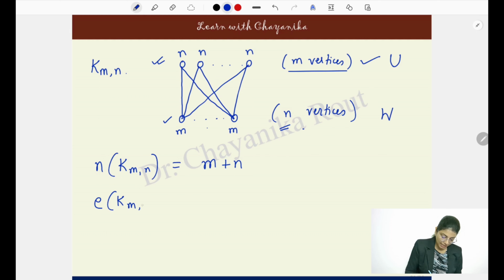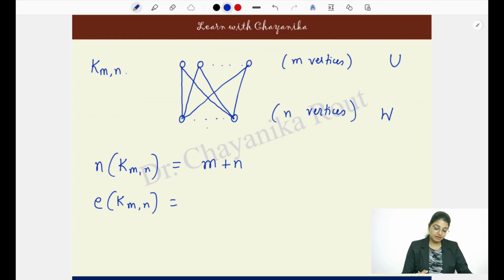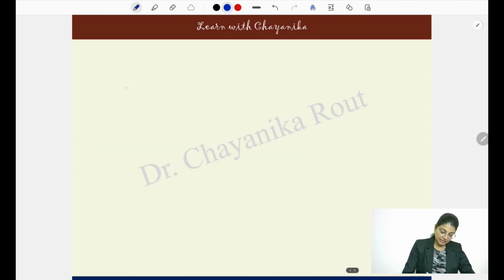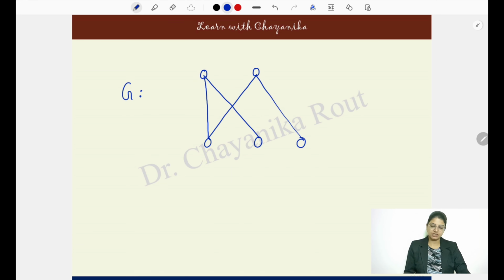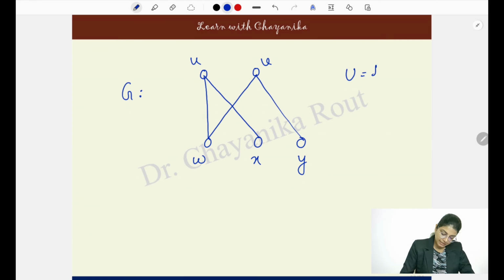Now what is the size of Kmn? How many edges are there in Kmn? To calculate the size of a complete bipartite graph, let us see how we can calculate the size for any bipartite graph G. Suppose this is a bipartite graph G, not a complete bipartite graph obviously. So U, V, W, X, Y are the vertices. Now focus on one partite set containing the vertices U, V. What is the degree of U? 2.